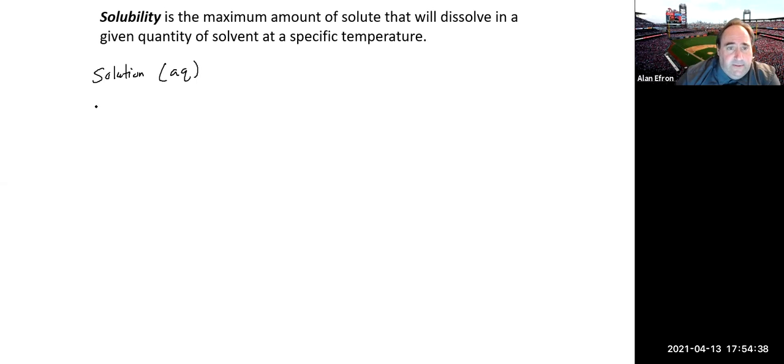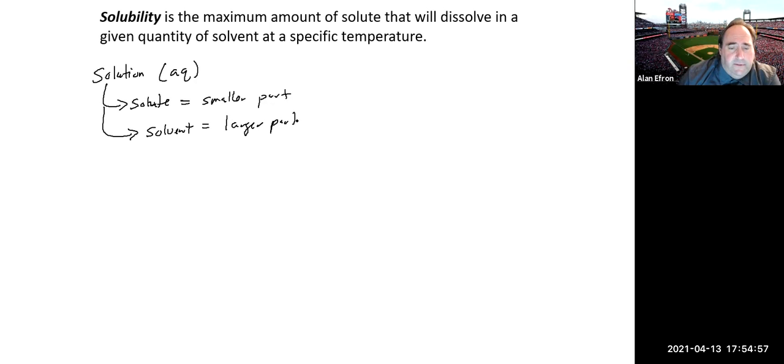So when we talk about a solution, there's really two parts. There's the solute, which is the smaller part of the solution, and there's the solvent, which is the larger part of the solution.